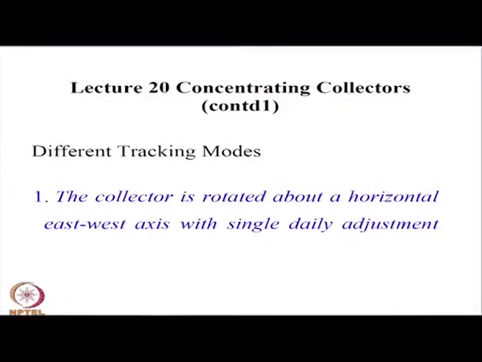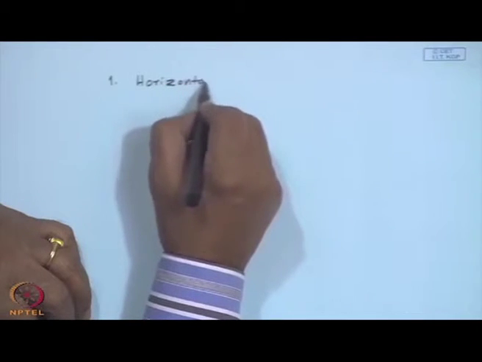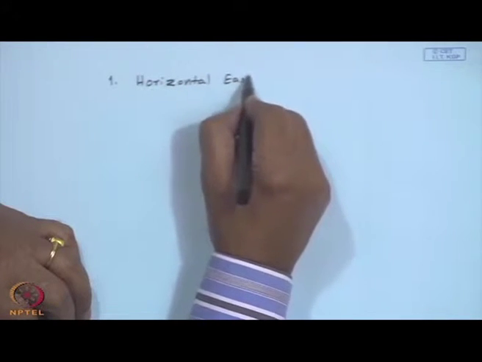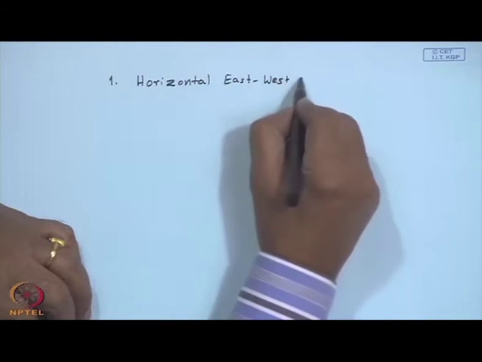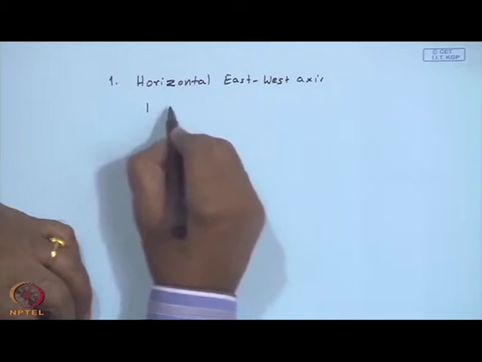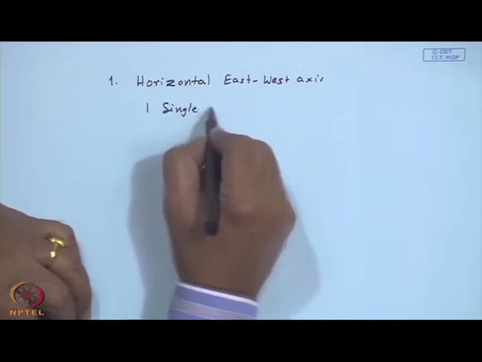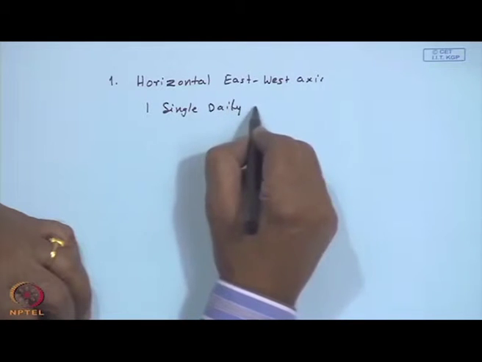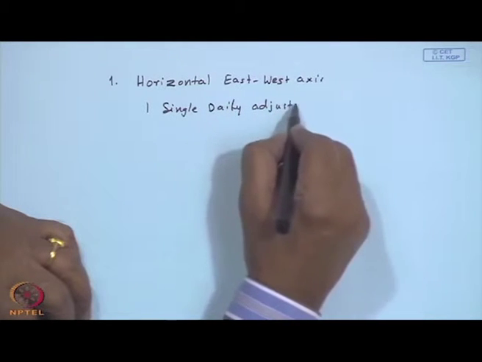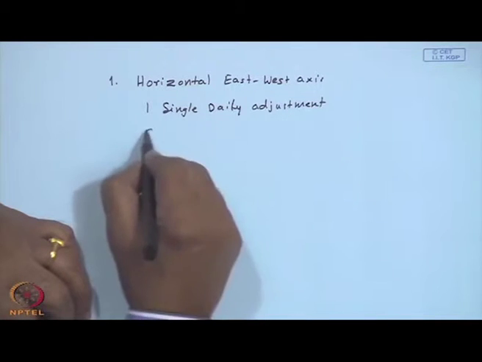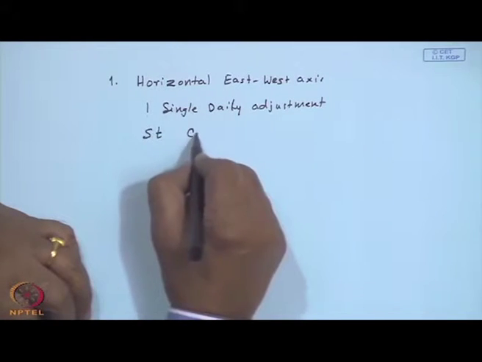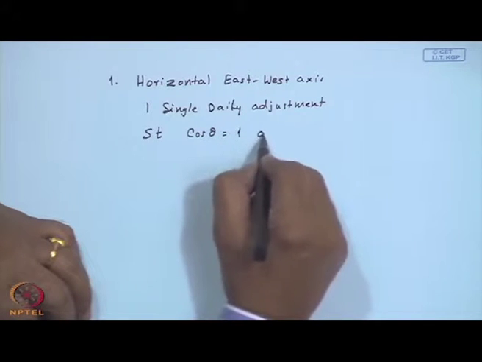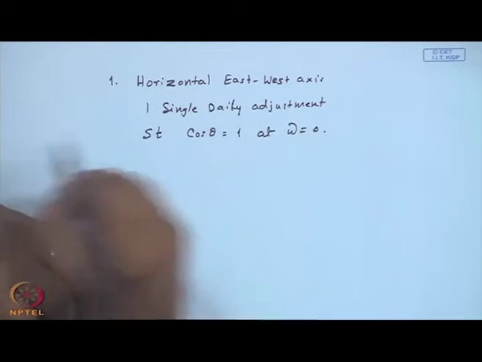In that we consider two of the simpler tracking modes. One, a horizontal east west axis with one single daily adjustment, such that cos theta is 1 at noon time, omega equal to 0.